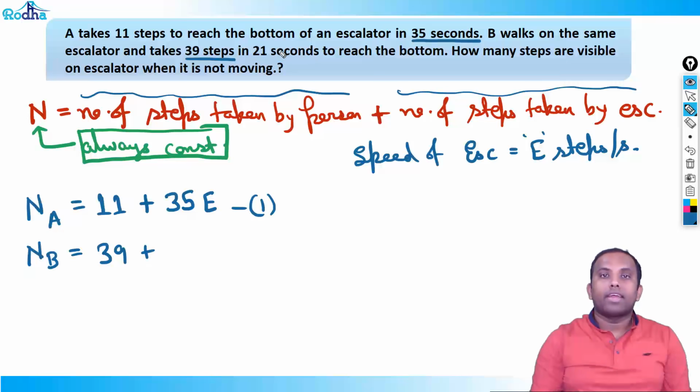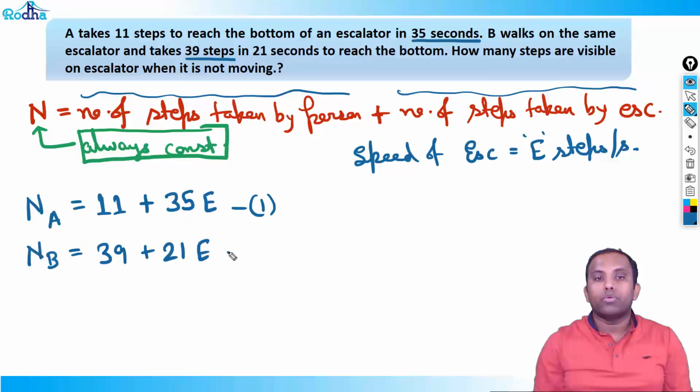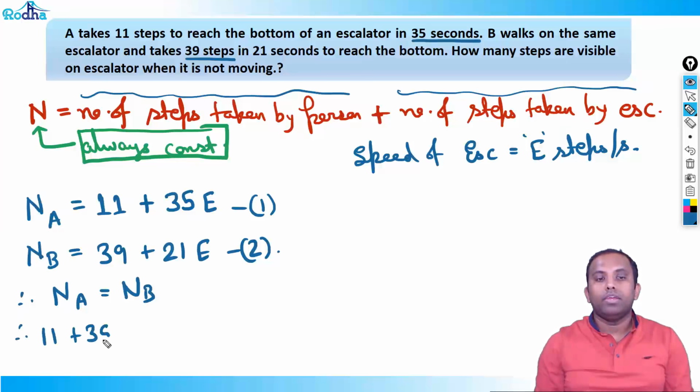In case of B, the escalator kept moving for 21 seconds, so at E steps per second it will move 21 into E. Since N is always constant, NA equals NB. Therefore, 11 plus 35E is equal to 39 plus 21E.